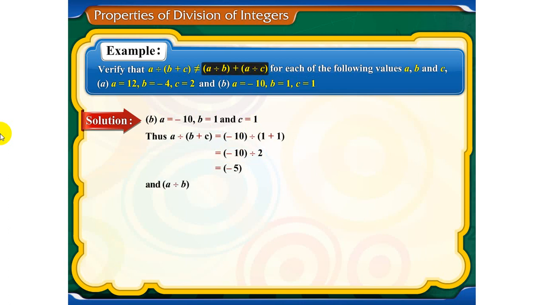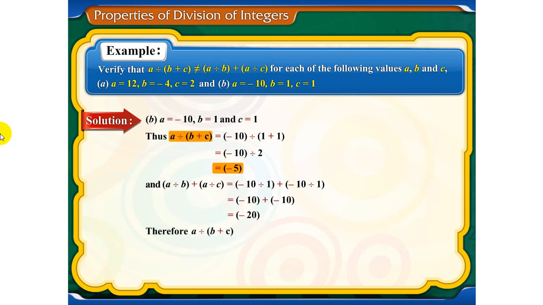And A divided by B plus A divided by C is equal to minus 10 divided by 1 plus minus 10 divided by 1, which equals minus 10 plus minus 10, which equals minus 20. Therefore, A divided by (B plus C) is not equal to (A divided by B) plus (A divided by C).